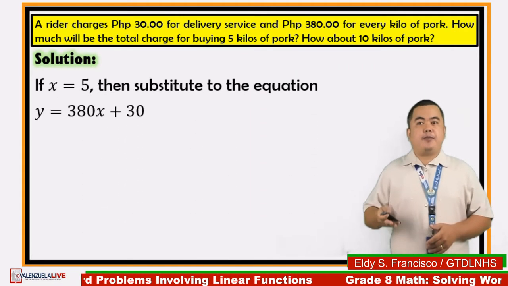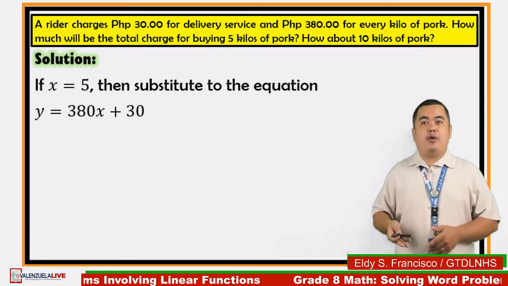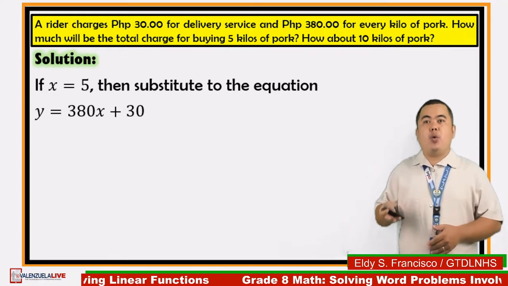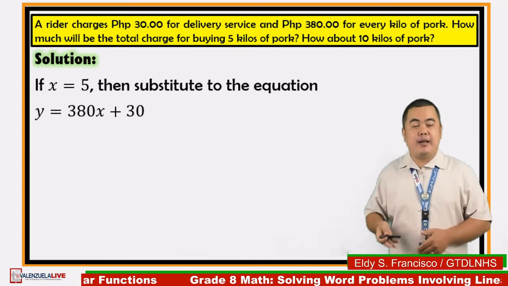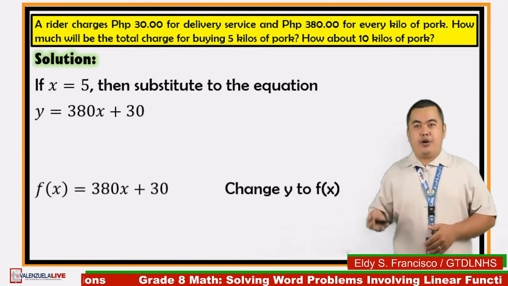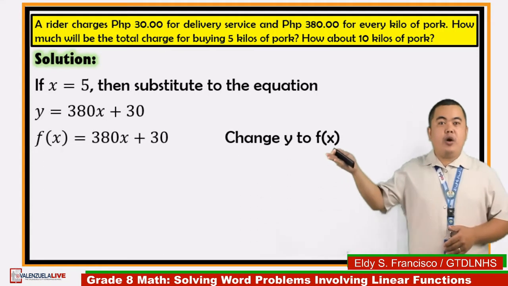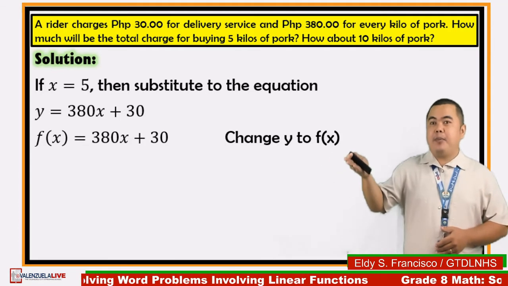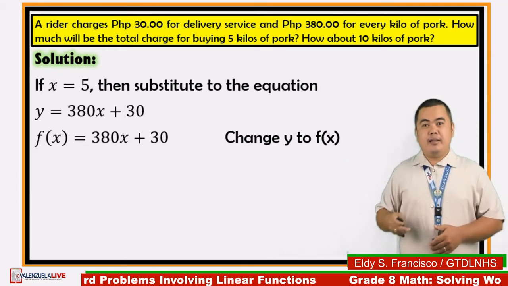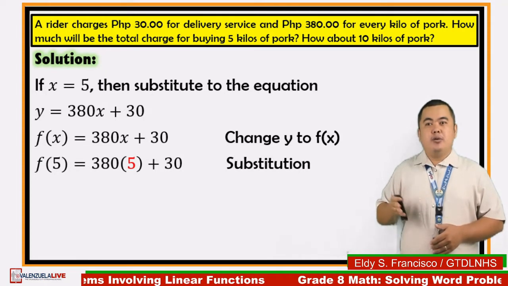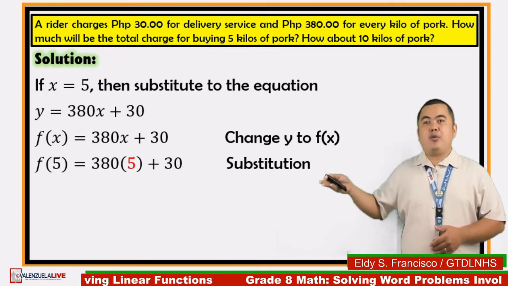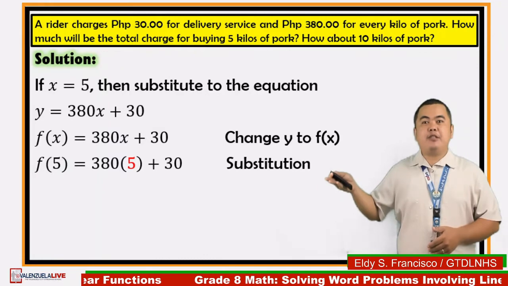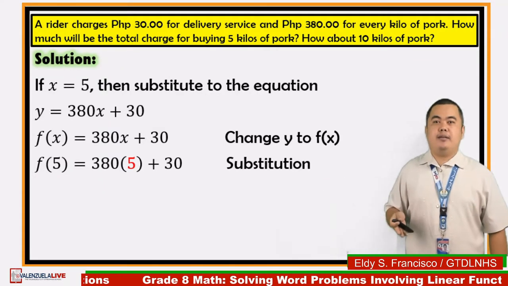So if X is 5, which is 5 kilos of pork, then substitute to the equation Y equals 380x plus 30. First, change Y to f of X. F of X equals 380x plus 30. Next, by substitution, we will have f of 5 equals 380 times 5 plus 30.